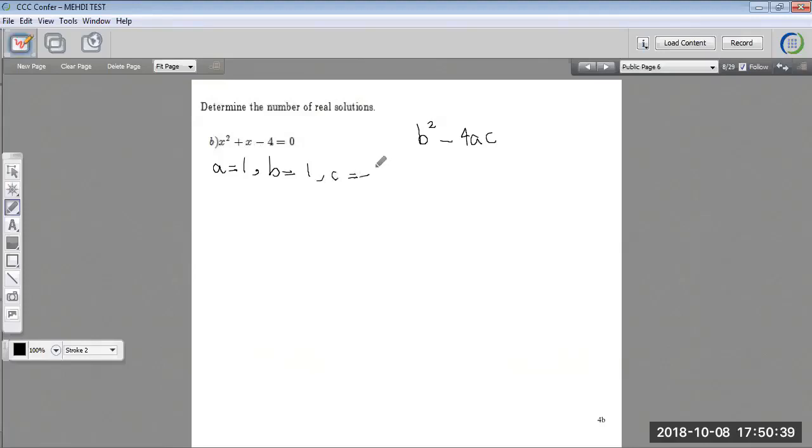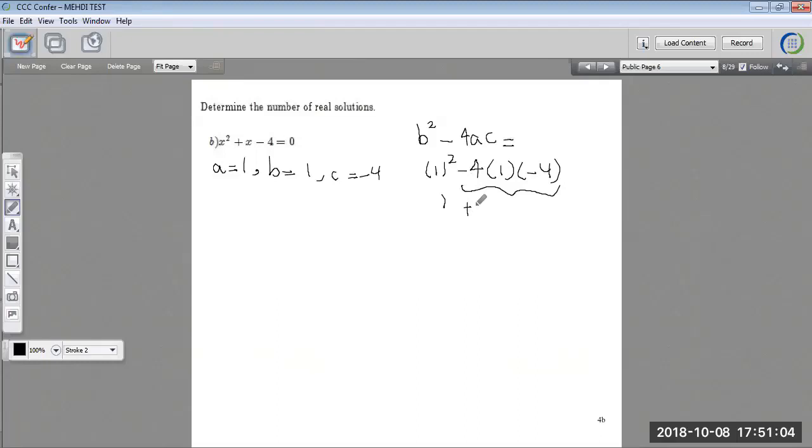Let's go ahead and substitute these values here. b is equal to 1. That would be 1 squared minus 4 times your a, which is 1, and your c, which is -4. So here I get 1, and I should get a plus here, since we have 2 negatives, plus 16.